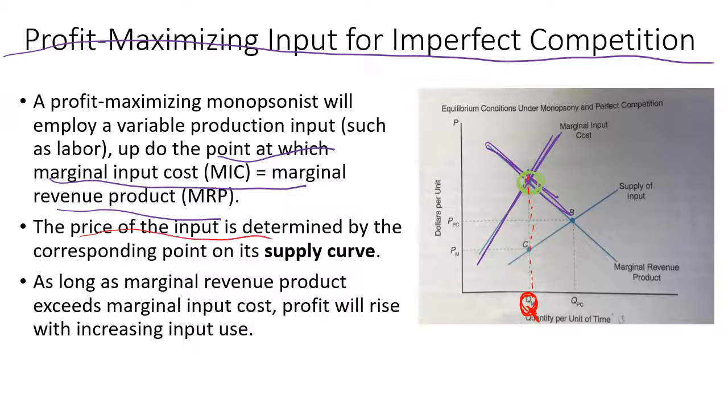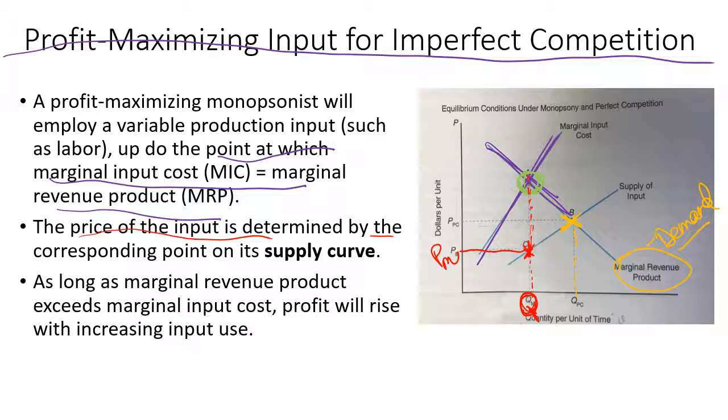Now the price of the input is going to be determined by the corresponding point on the supply curve. So we drop down to see that this quantity crosses the supply curve at price equals M. Now, if we were going by perfect competition, again, the supply curve, the demand curve, the marginal revenue product is similar to the demand curve.